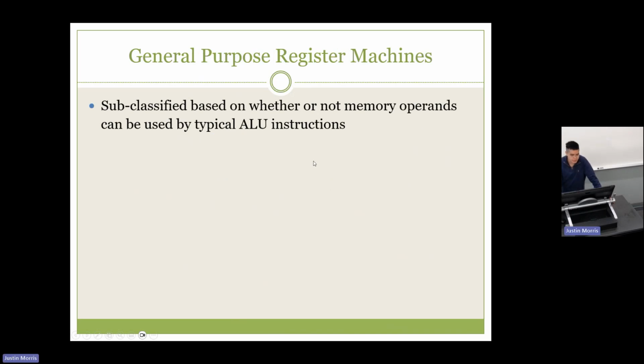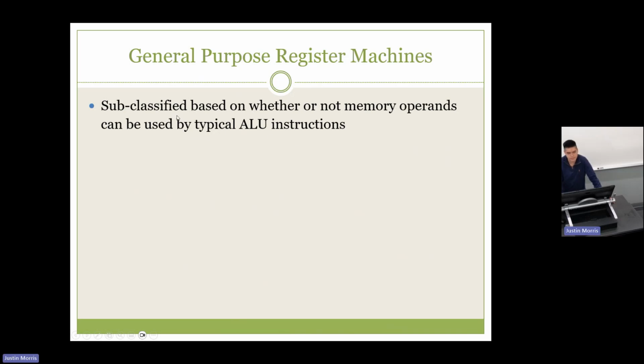All right, so those are just two more basic ISA designs. The one that we are going to focus on in this course is general purpose register. This is going to be based on whether or not memory operands can be used by a typical ALU instruction.